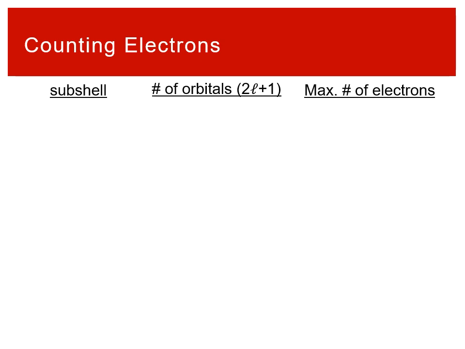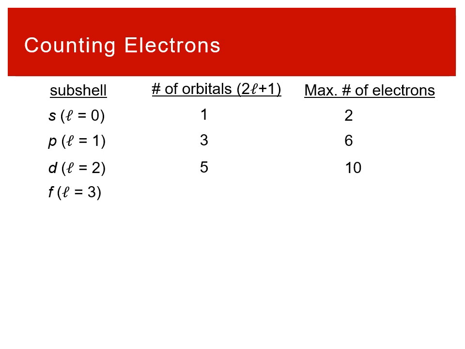We've looked at some of the effects of this last time. We know that in an s-type subshell, there is 1 orbital and 2 total electrons. In a p-type subshell, there are 3 orbitals and a total possibility of 6 electrons. D-type subshells have 5 orbitals and 10 possible electrons.